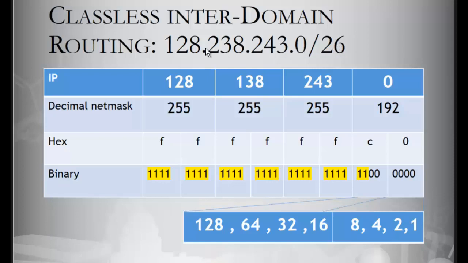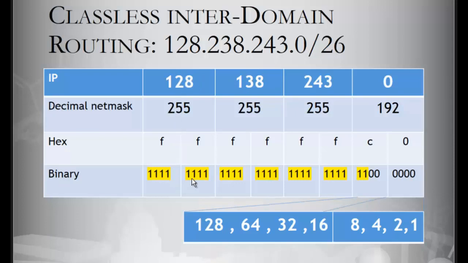Any IP address has two parts: a network part and a host part. Within this IP network, the net mask is going to be 255.255.255.192. Basically, an IP has four groups of numbers.